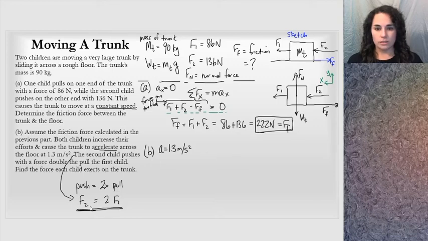Well, I'm not exactly sure how to solve for it right now, but I know I need to do a force analysis. So let's write the equations out. I'm going to start with the same form up here. The net force equals ma in the x direction. I know the acceleration now. It's given as a value. I'm going to leave it as a symbol in there for right now until I get done solving.